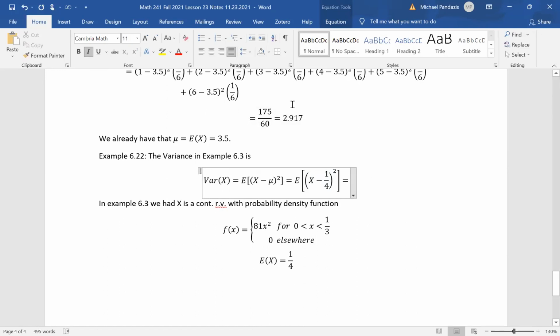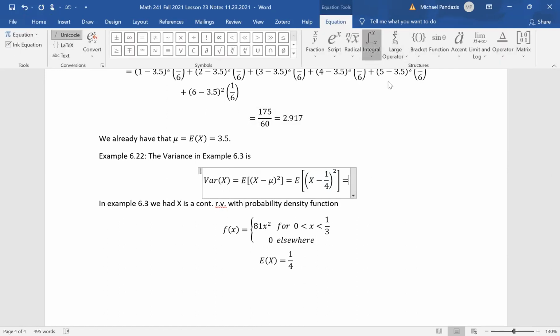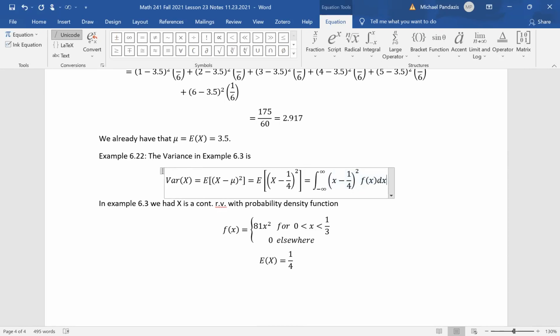And so this is equal to, because it's a continuous random variable, we're integrating. So we're going to integrate from negative infinity to infinity of X minus 1/4 squared f of X dx. Okay, so you just find that integral. Now, in this problem, the PDF is only non-zero for X from 0 to 1/3, so when we integrate this, we only need to integrate over that range.